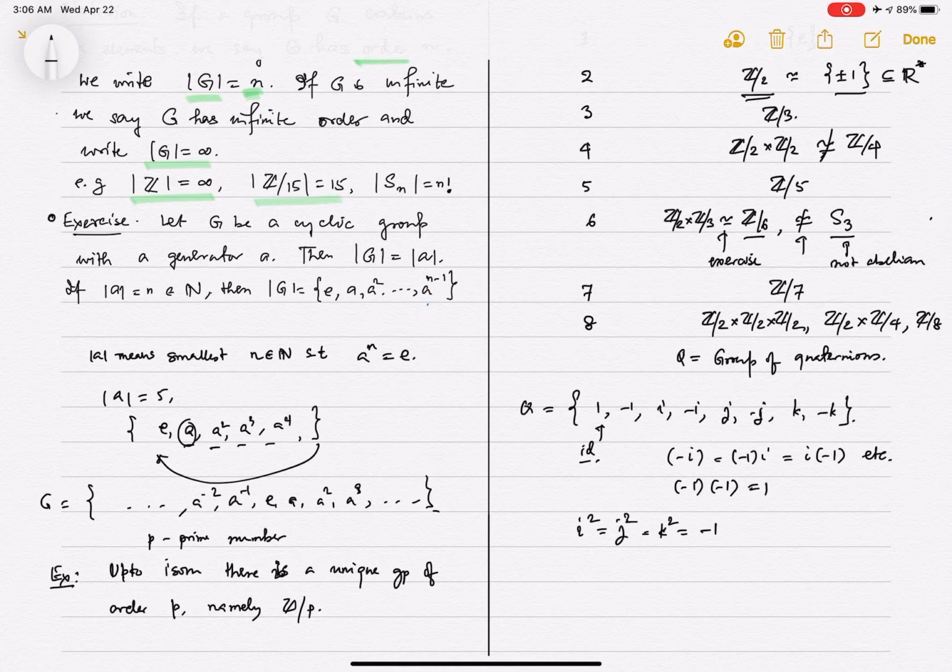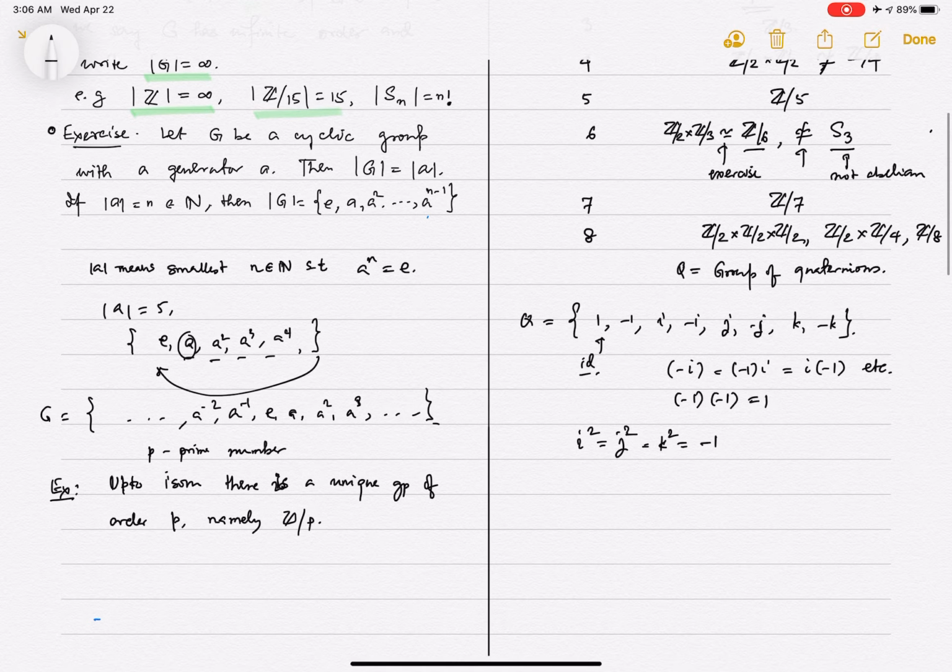It should remind you of square root of minus 1. That's why we use the notation i. And then ij is k, jk is i, ki is j. And you can check that these rules determine a multiplication table, and it forms a group on 8 elements called the group of quaternions.